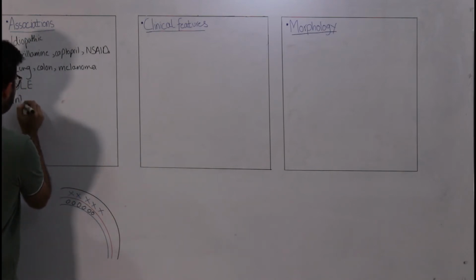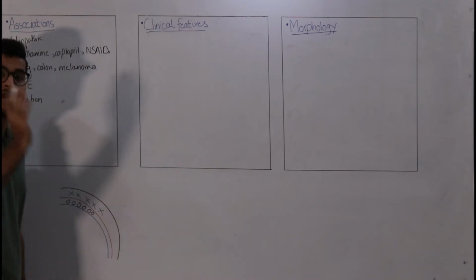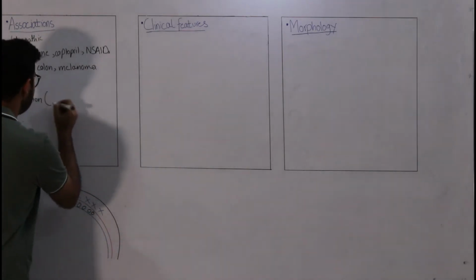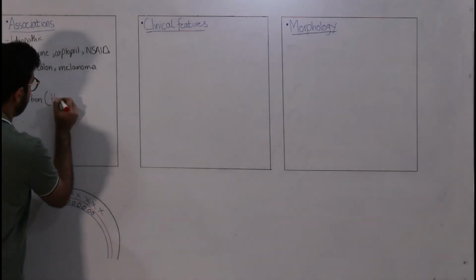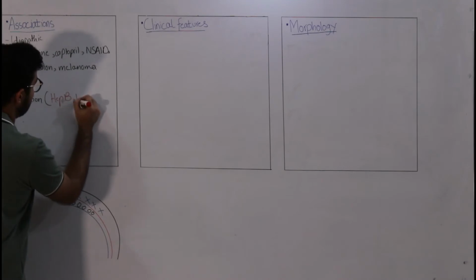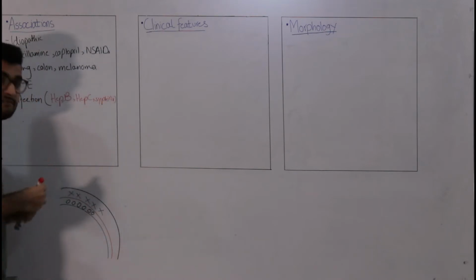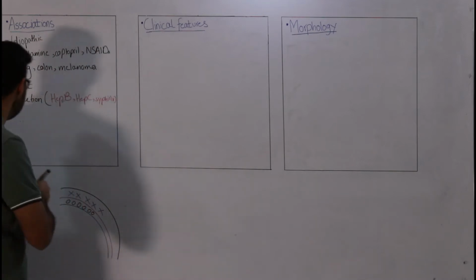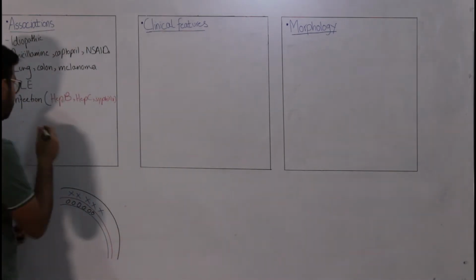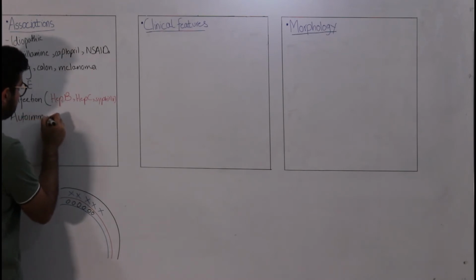Patients who have chronic infections such as syphilis, Hep B, Hep C, so these patients will be at risk of developing membranous nephropathy. Apart from infections, patients who have autoimmune conditions such as autoimmune thyroiditis can also develop membranous nephropathy. So autoimmune conditions will also be a risk factor.